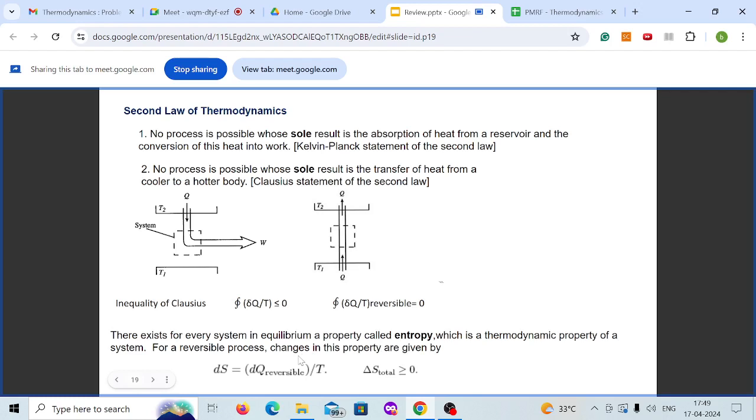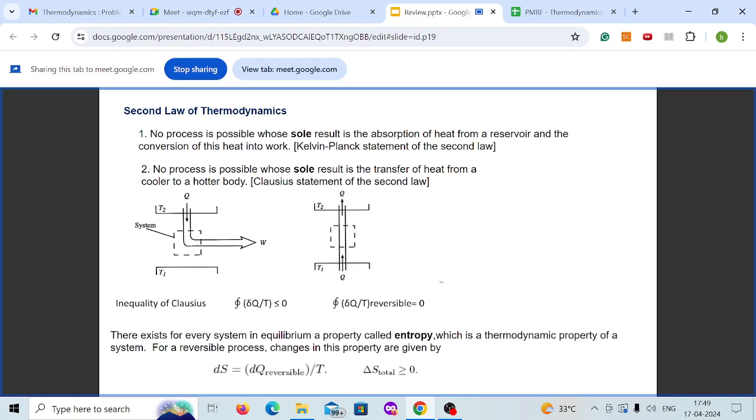So this allowed us to study any process and say whether the process can proceed this way or not. And then using this concept, Kelvin and Planck and Clausius gave two statements on the second law of thermodynamics. The Kelvin-Planck statement goes like this: no process is possible whose sole result is the absorption of heat from a reservoir and the conversion of this heat into work.